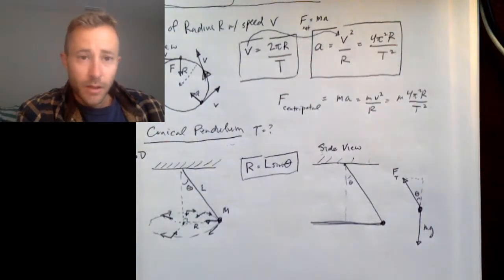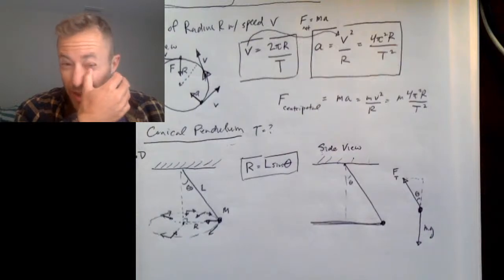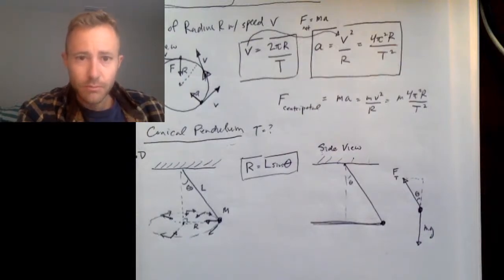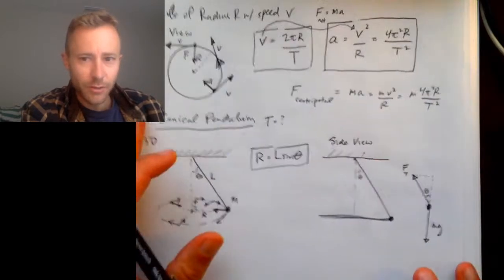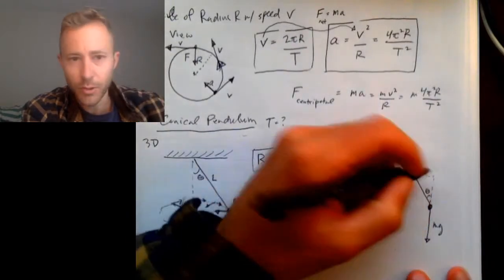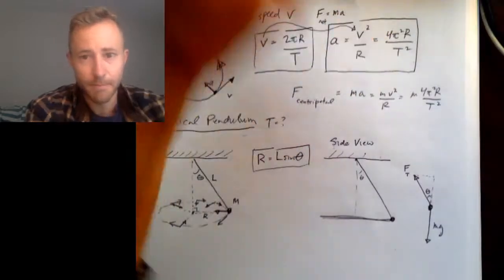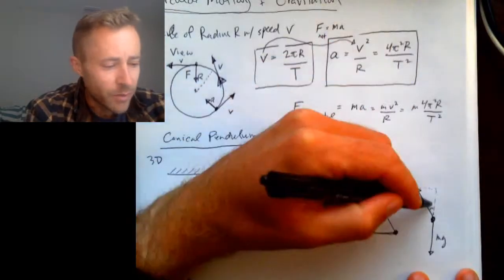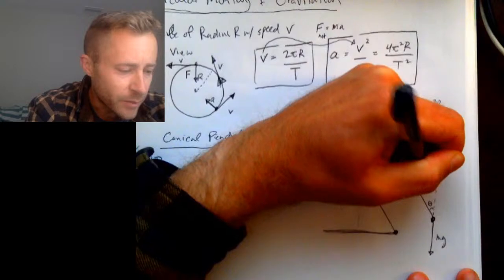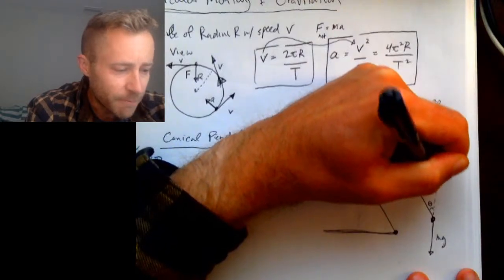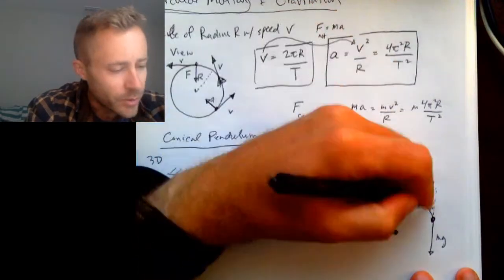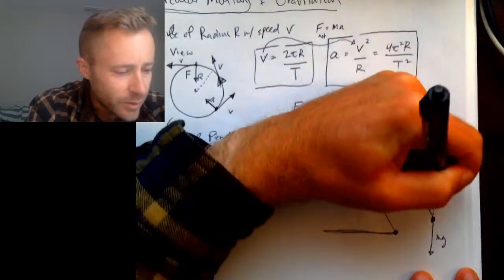Anytime we have a diagonal force, as I've told you before, we want to take that diagonal force and break it up into components using trigonometry. We have the angle, so this would be F_T sine of theta. This would be F_T cosine of theta.